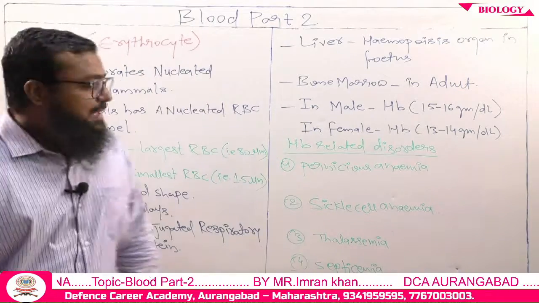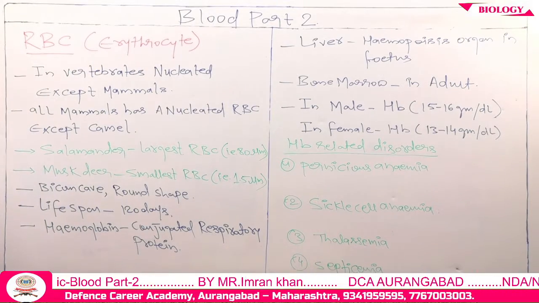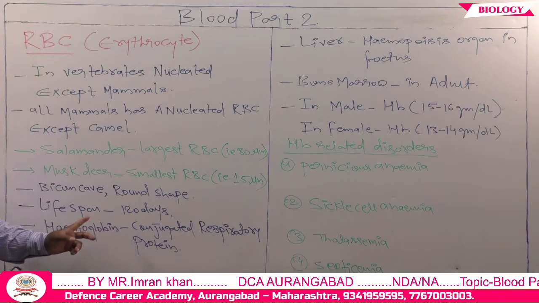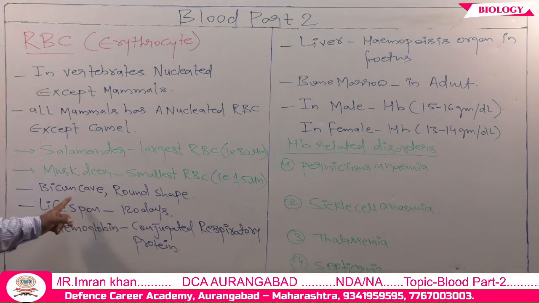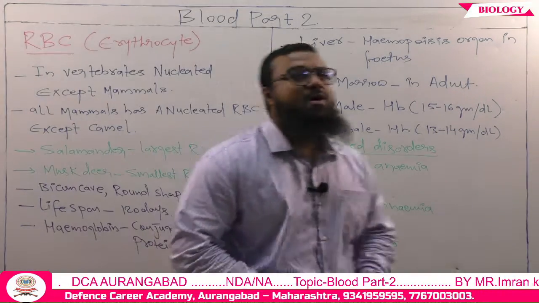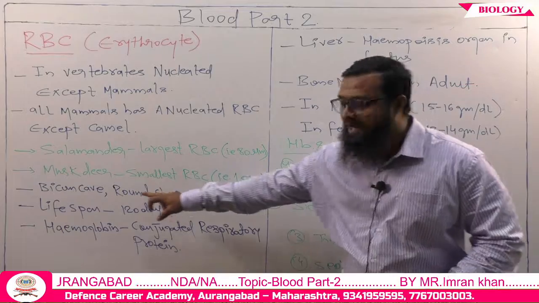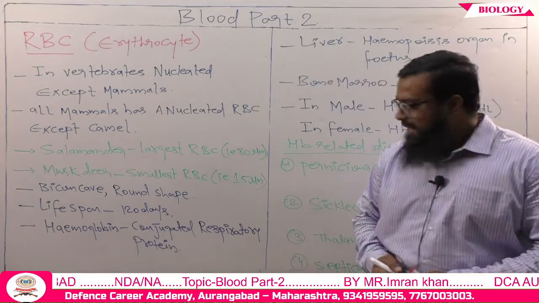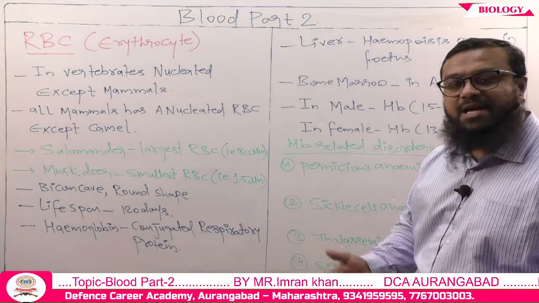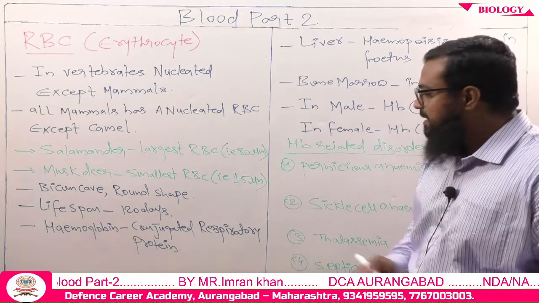Now, let us see the shape of RBC. As we all know, the shape of RBC is biconcave. What do you mean by biconcave? As we see, there is the concave cavity and the convex cavity.